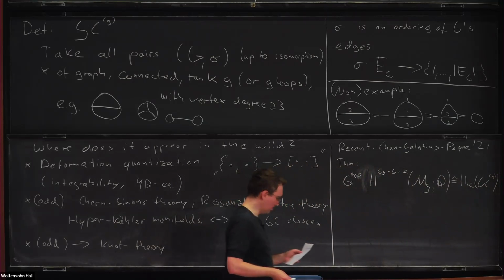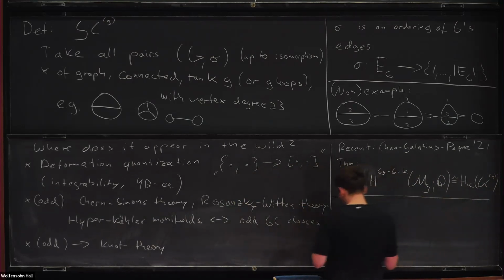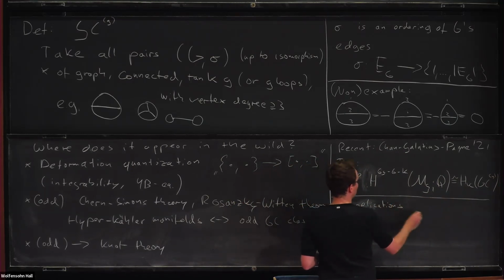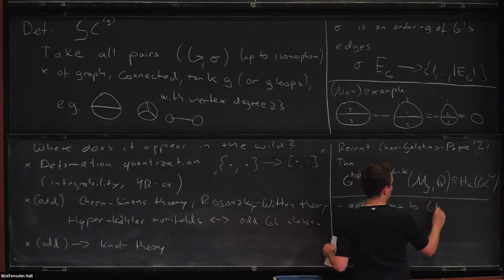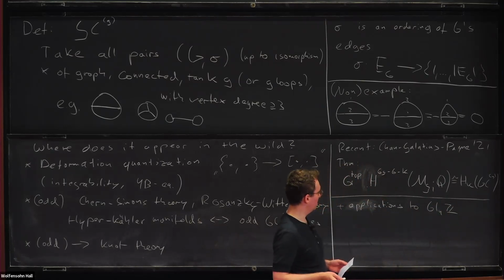So this is a very recent example. And also just to mention it, there's also further combinations. There are also applications to questions on GLNZ, or to the group cohomology of GLNZ.